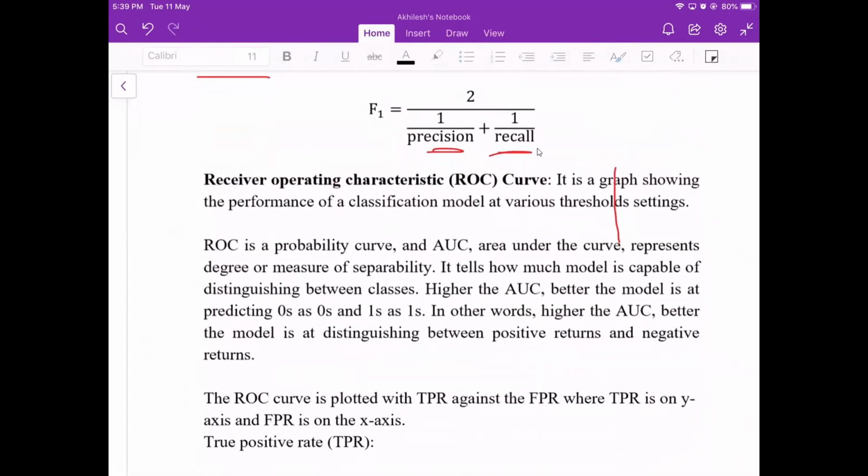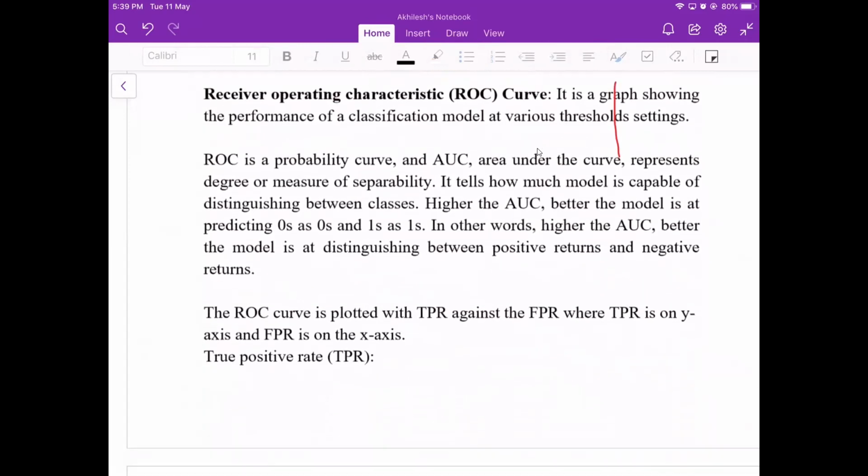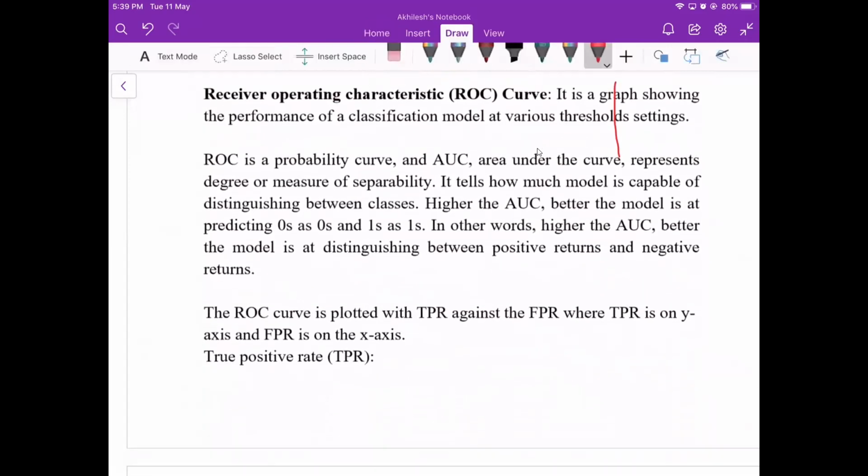And the other one is the ROC, the receiver operating characteristics curve. It is a graph showing the performance of a classification model at various threshold settings. ROC is the probability curve, and the AUC is the area under that curve, representing the degree or measure of separability.